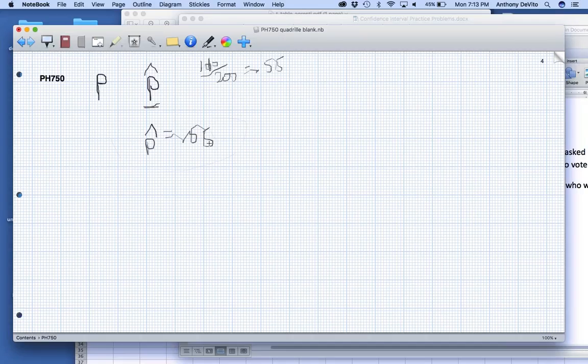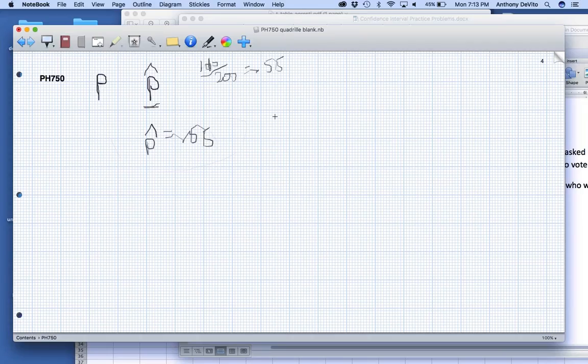Depending on the proportion of the population that voted yes, that would suggest how variable any particular sample would be. If it were 10%, it'd be a bit less variable than if it were 40%, and 50% is the most variable.